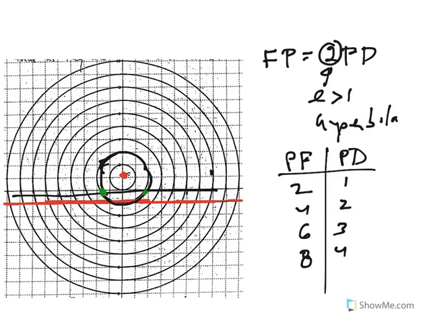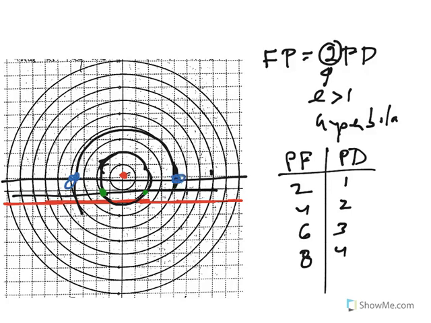Now if I am 2 away from PD, I'm going to be on this line. But if I'm 4 away from PF, I'm going to be 4 circles out. 1, 2, 3, 4. I'm going to be out here on this circle. And I would have this point and this point.